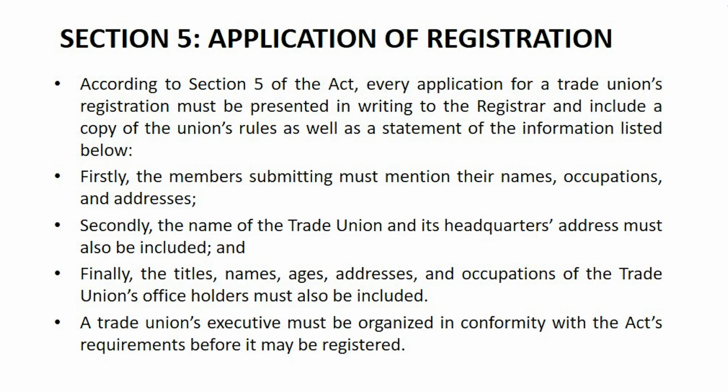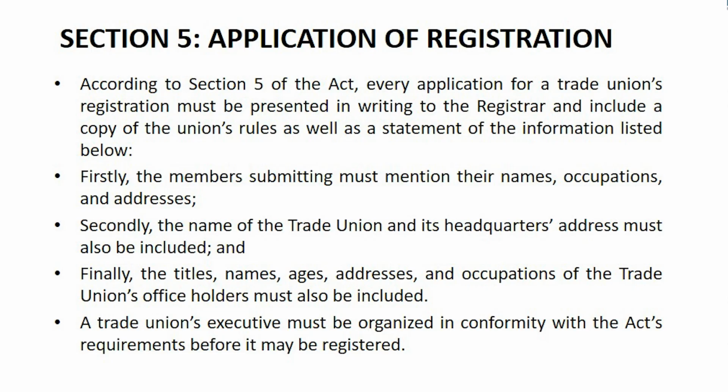Secondly, the name of the trade union and headquarter address must be included. What is the name of this union? Because the name is very important, and this name should not be identical with the name of another trade union. So they would be giving the name along with the headquarter office.